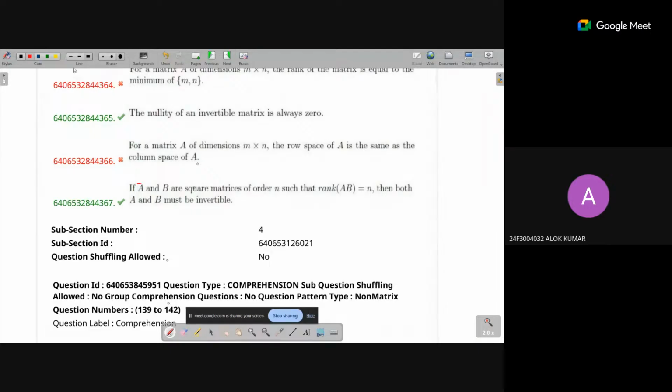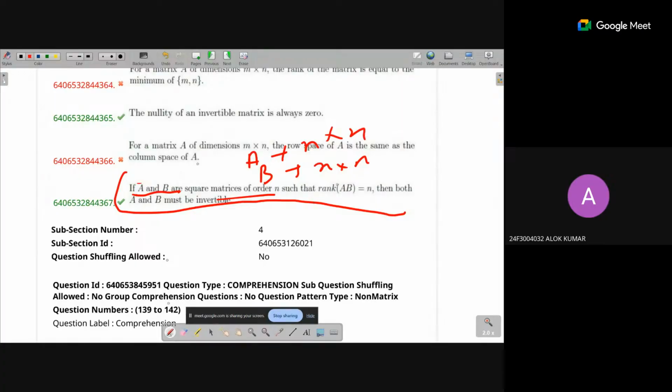Okay. Now the fourth one. If A and B are square matrices of order n, and the rank of AB is n, then both A and B must be invertible.